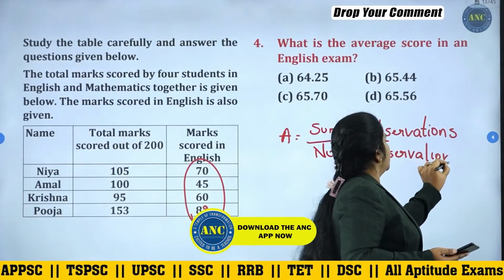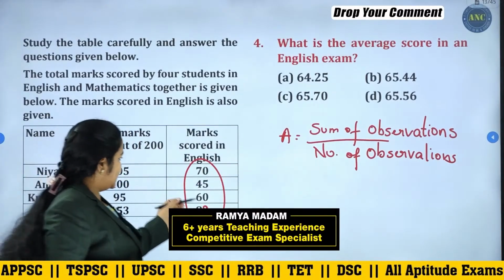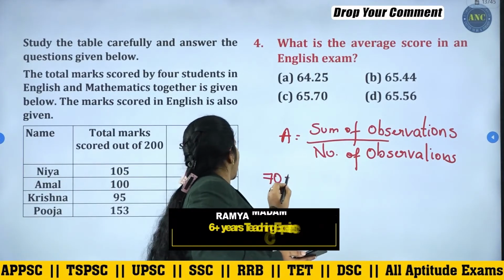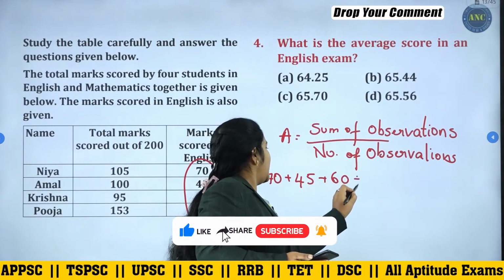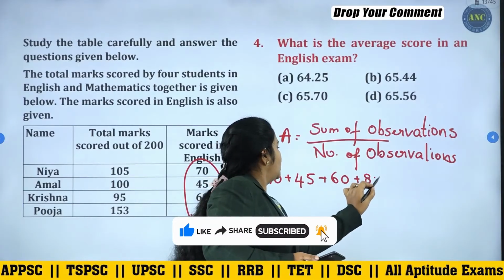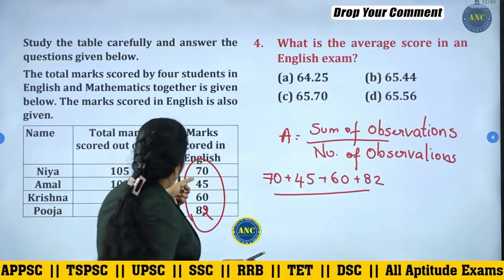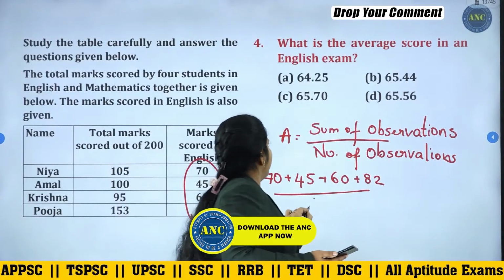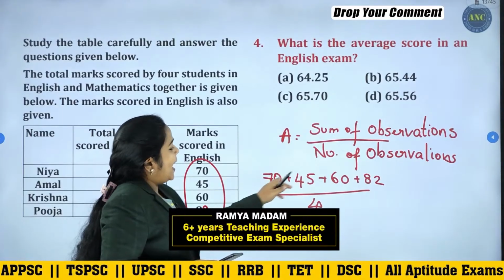So, do the sum of observations. Okay, it's 70 plus 45 plus 60 plus how much? 82 divided by how many observations we have here? 4 observations. So, it's 4.